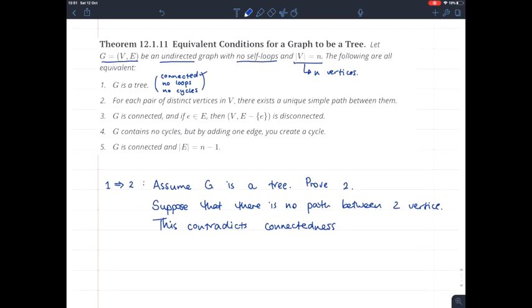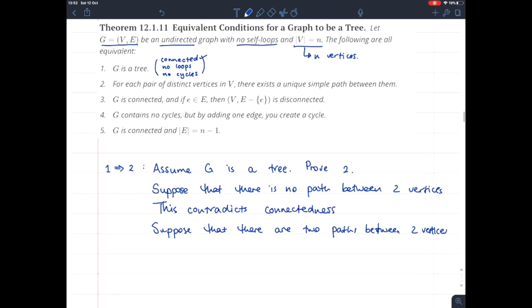the other option that we have is we could suppose that there are 2 paths between some 2 vertices. Well, if you think about what will happen then, so I've got two vertices and I have two different paths between them.